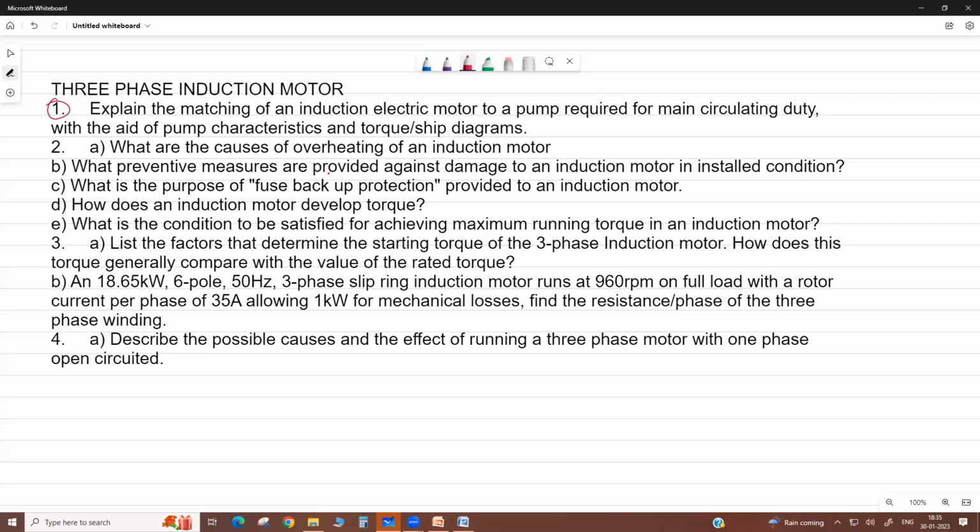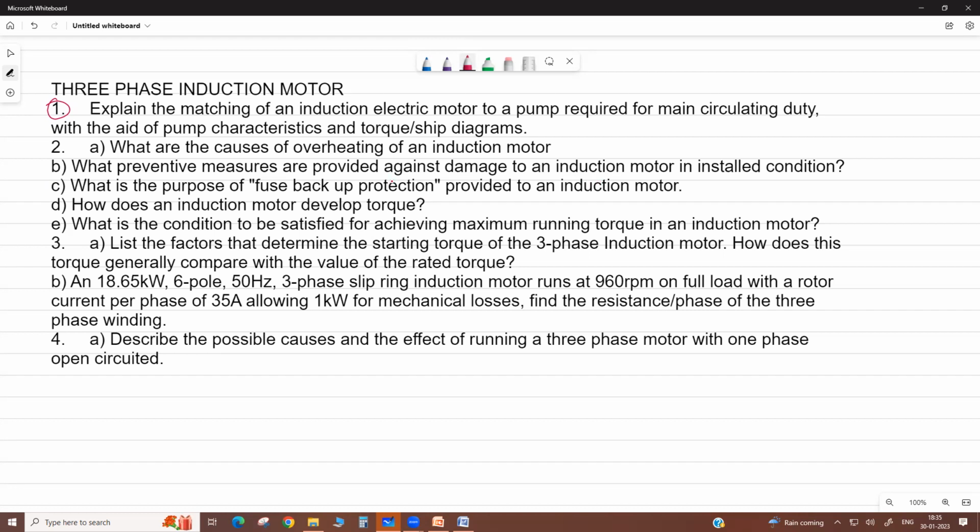What are the preventive measures provided against damage to an induction motor in installed condition? It is indoor or outdoor, so we select the enclosure according to that installation.